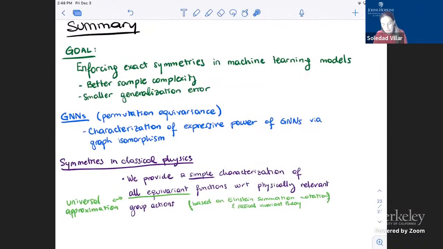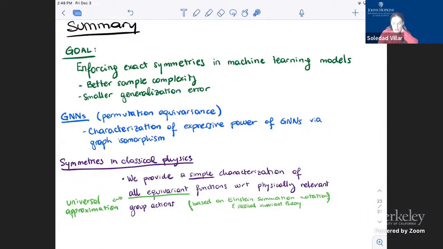So to end my talk, I'm going to say that the goal that I had was to enforce exact symmetries in machine learning models because there is this idea that they improve the sample complexity and they have smaller generalization error. We saw in the case of the graph neural networks, which are the ones with permutation equivariance, we can characterize the expressive power of graph neural networks via the graph isomorphism problem.